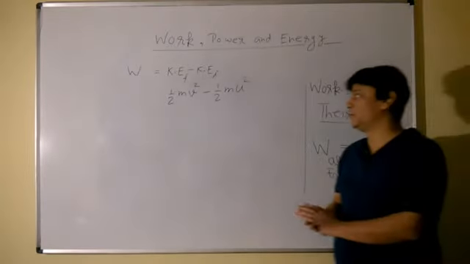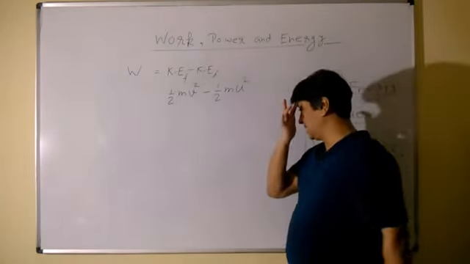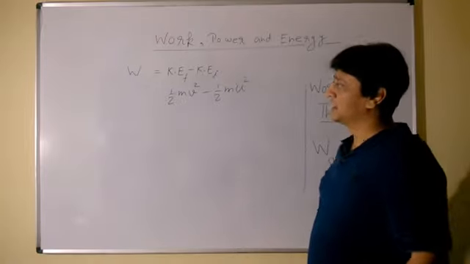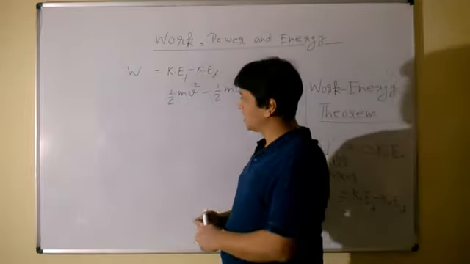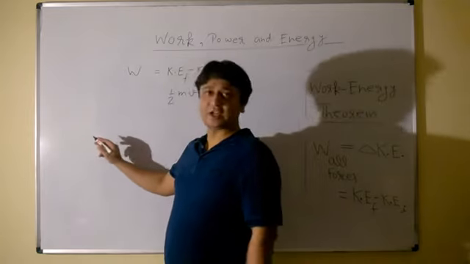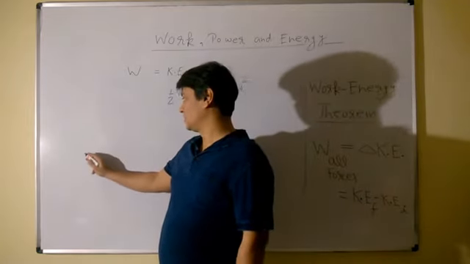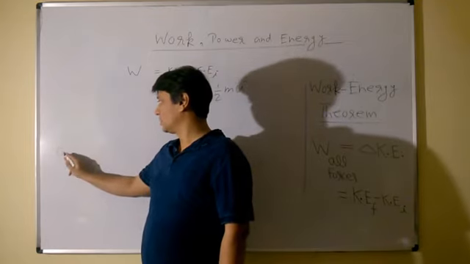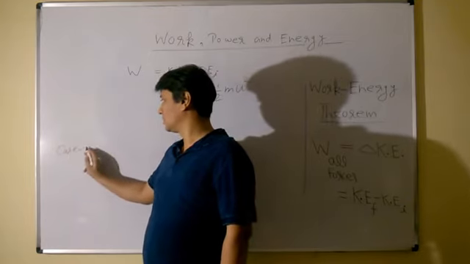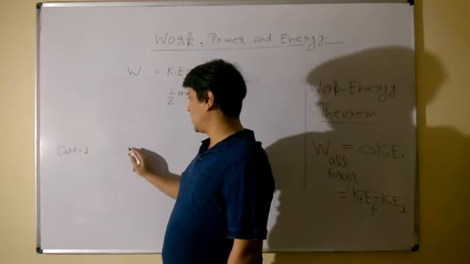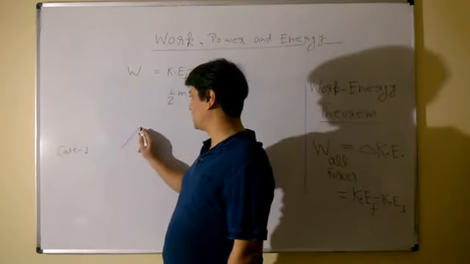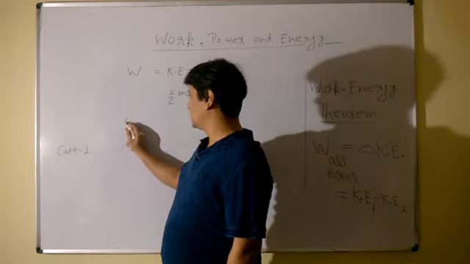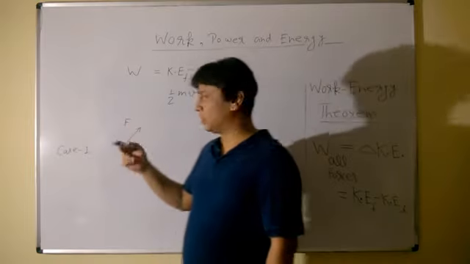Case 2. Angle between force and displacement is 90. Case 3, angle between force and displacement is obtuse, more than 90 or obtuse.